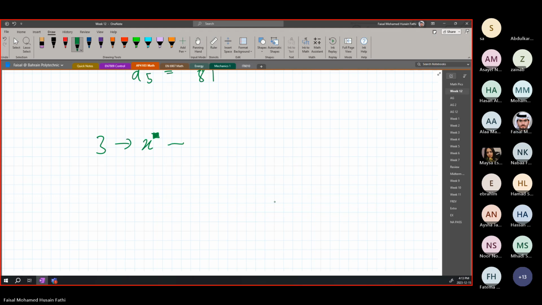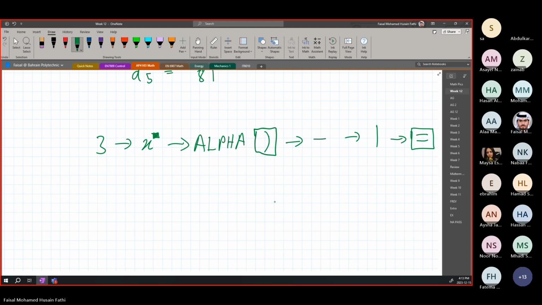Okay? X power. Then you're going to do alpha, bracket. Okay, this button, the closing bracket. Alpha, closing bracket. Then you're going to click on minus. Then you're going to do 1. Then you're going to hit the equal sign.